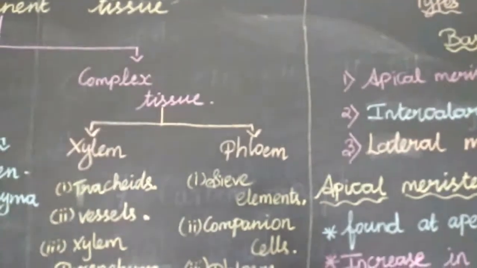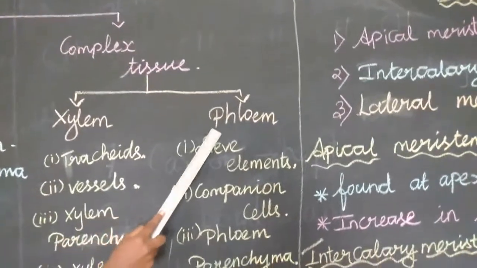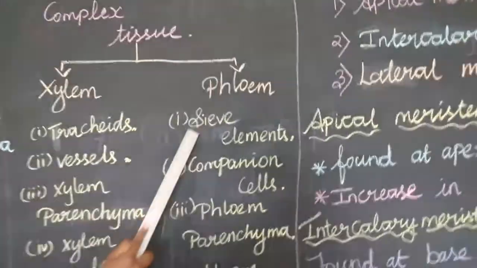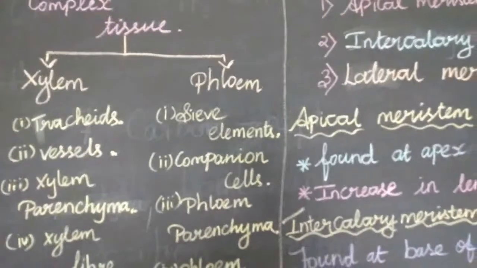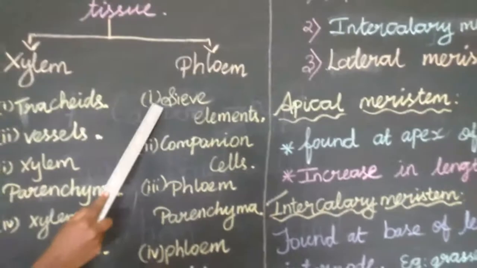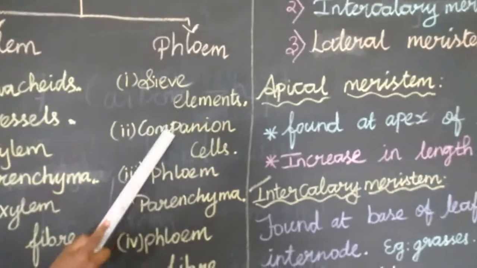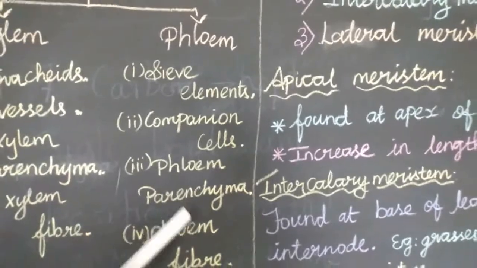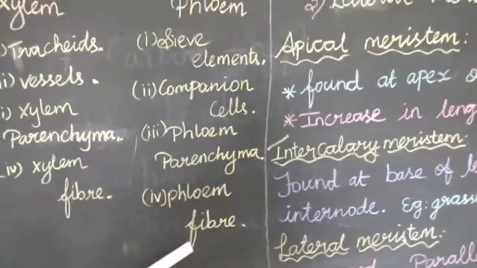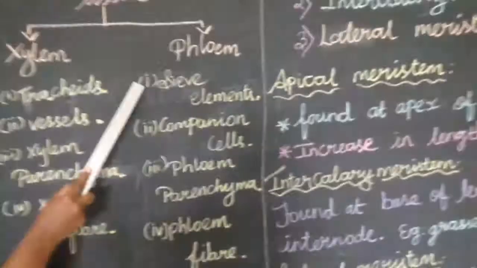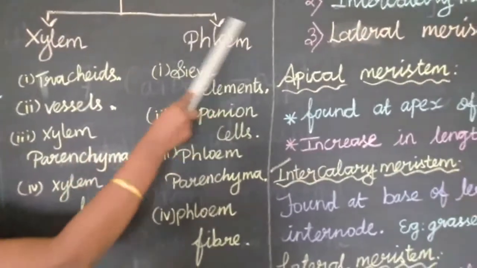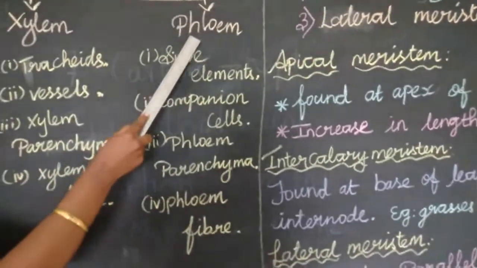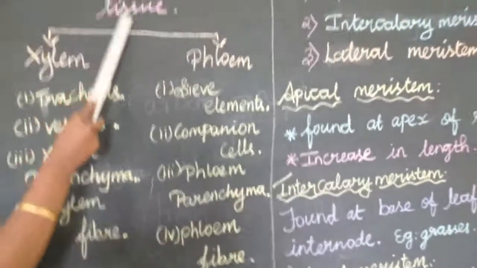Like that, phloem also contains four different types of elements: sieve elements, companion cells, phloem parenchyma, and phloem fiber. These four combine to form phloem tissue, so it is called complex tissue.